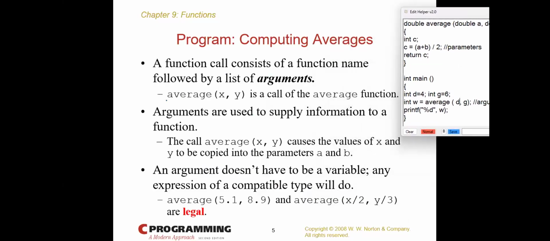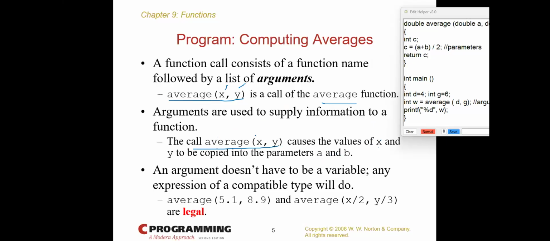Average x and y is a call of the average function. We have put x as the first argument and y as the second argument. Arguments are used to supply information to a function. So the call average x y causes the value of x and y to be copied into parameters a and b respectively, not randomly, respectively.